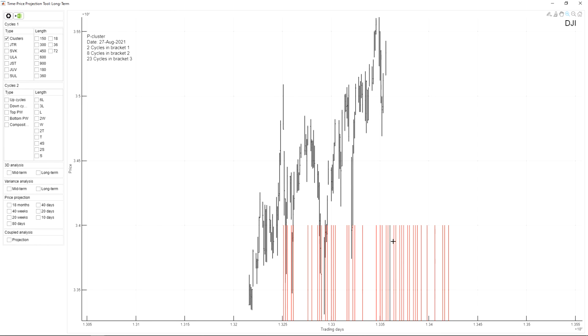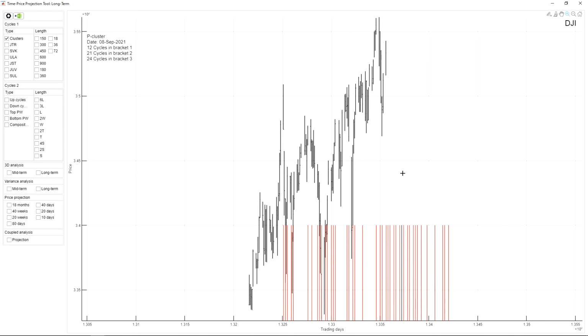We have another cluster arriving here, which is August 31st to September 2nd. So let's say September 1st plus or minus 1 trading day. This one is a pretty good one as well. And we have a third cluster arriving right here. You see these 3 lines, so 3 clusters arriving together. And let's say this is September 8th plus or minus 1 trading day.